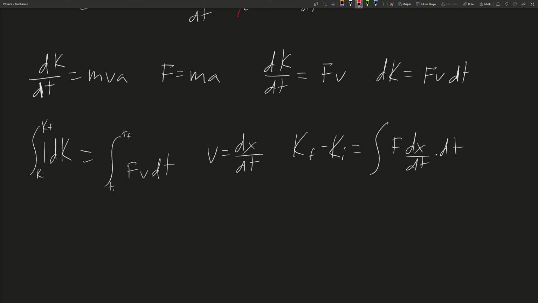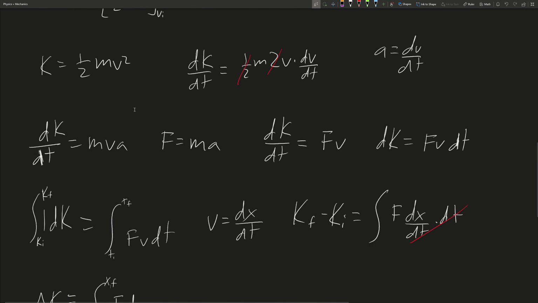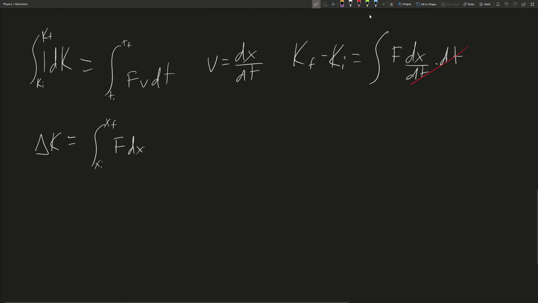And so dt here cancels out, and then we get that the change in kinetic energy is equal to the integral of force dx. And now we're starting at the initial position and ending at the final position. If you notice, this is the exact same as what we define work as. So this integral is equal to work.